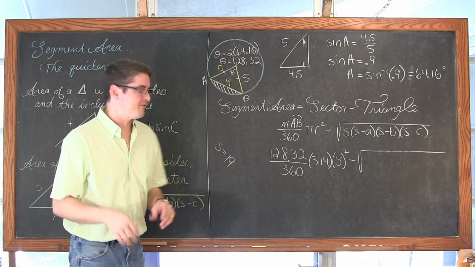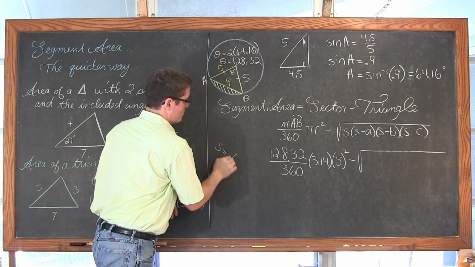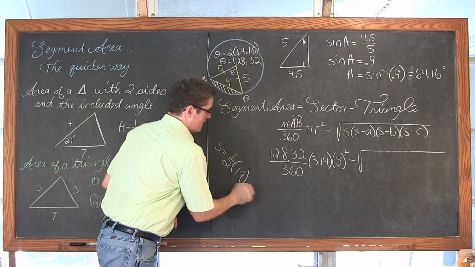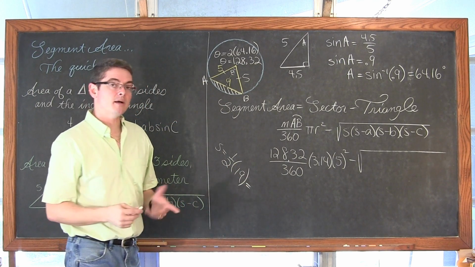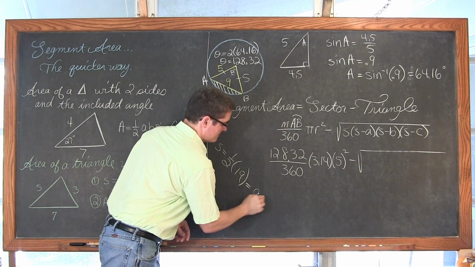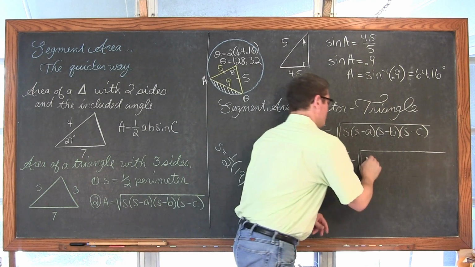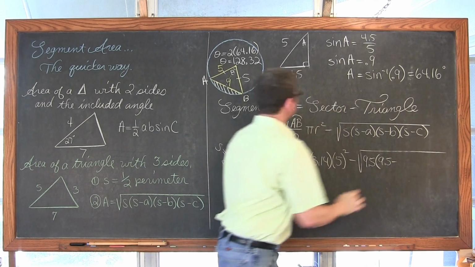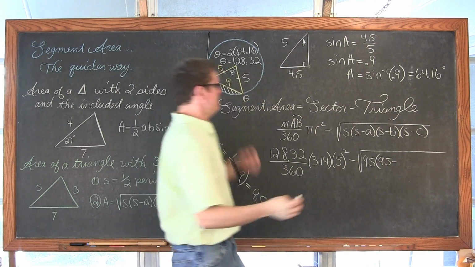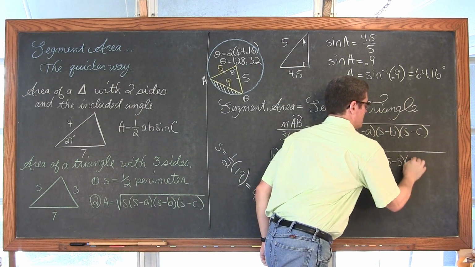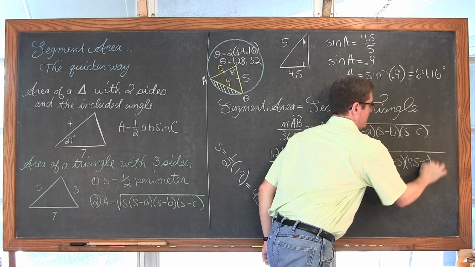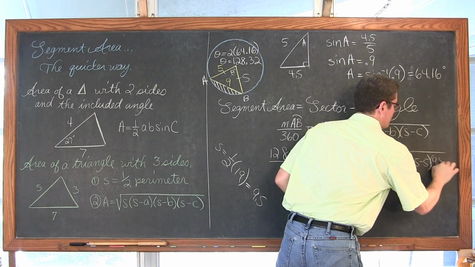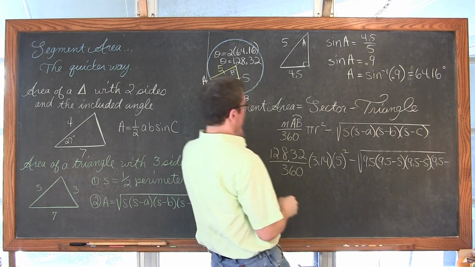S is equal to 1/2 the perimeter, so S is 1/2 of the overall perimeter of 19, and that means the answer is going to be 9.5. So we have 9.5 times 9.5 minus a side, just pick 5, times 9.5 minus 5 again, because we have two 5s, and 9.5 minus 9.